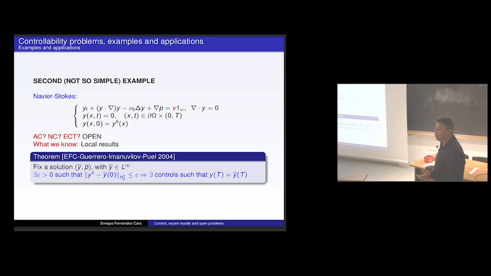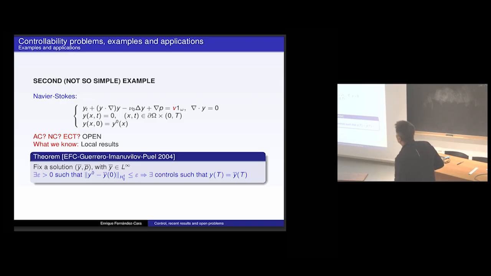This is a local result, because once you fix the time, you need small data. And as I have said before, it is open what happens if y naught is large. Nobody knows for the moment.